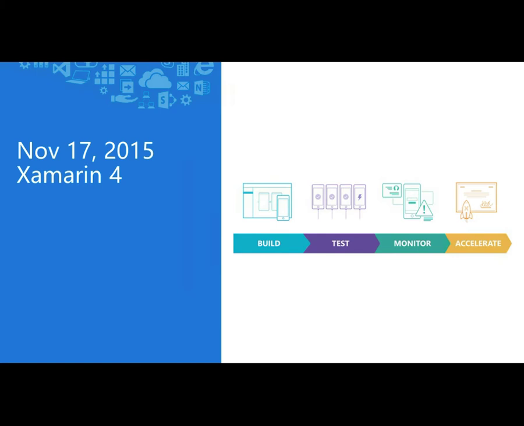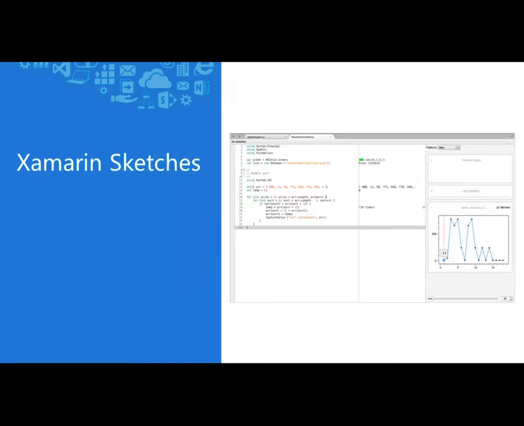And when Xamarin 4 was introduced in 2015, Xamarin actually not only provided IDE development tools, they also provided testing tools for mobile applications, a monitoring framework, and also other accelerators. Like Xamarin Sketch, you can write code and easily see its effect and results as diagrams on the right-hand side.